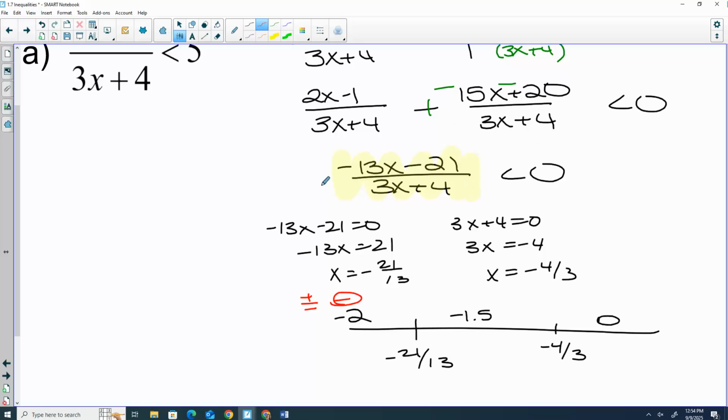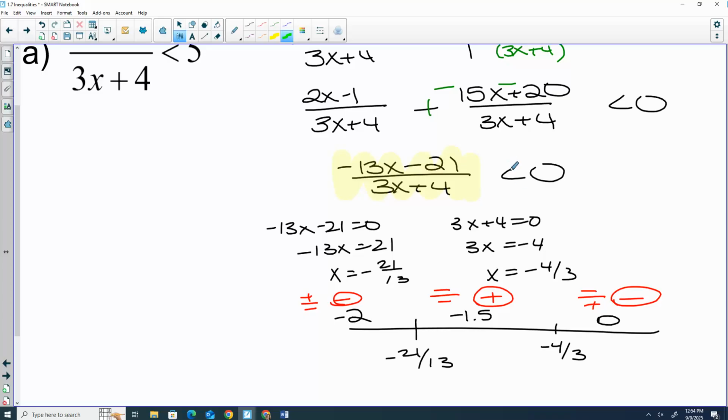If you put it in the numerator, do you get a positive or a negative? Negative. What about the denominator? Negative. 2 negatives make positive. Put in a 0. Top is negative 21, bottom is positive 4, so overall negative.